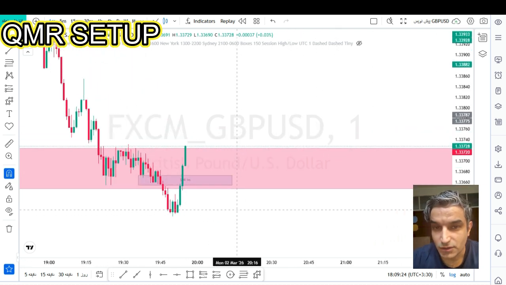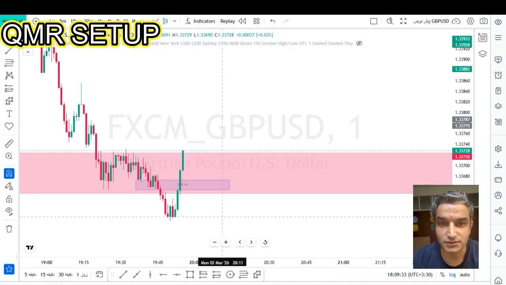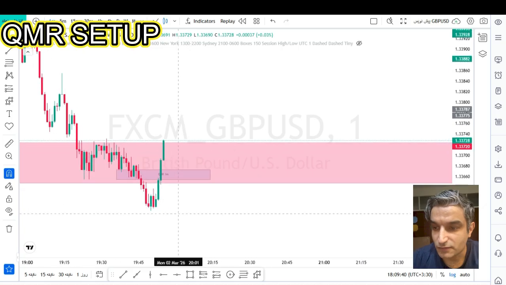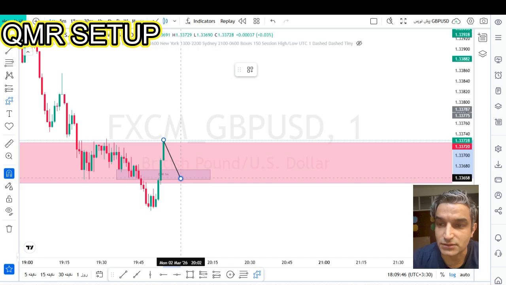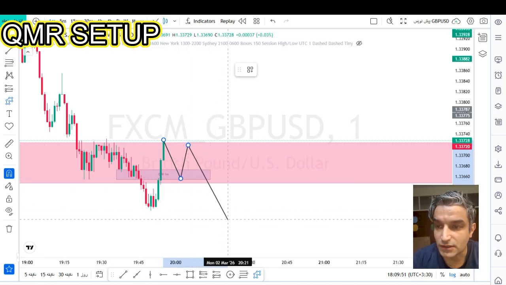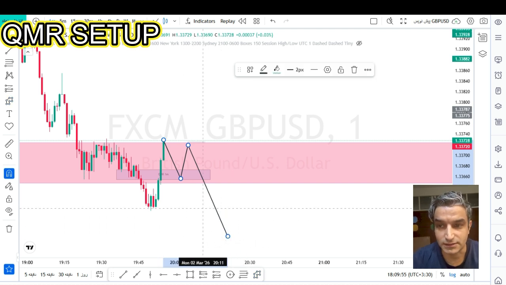And don't be afraid, in the price we don't have any win rate with 100%. This is something that is not real. Maybe we enter this position, price had a little reaction to this area, came up, and after that goes down and takes our stop loss.